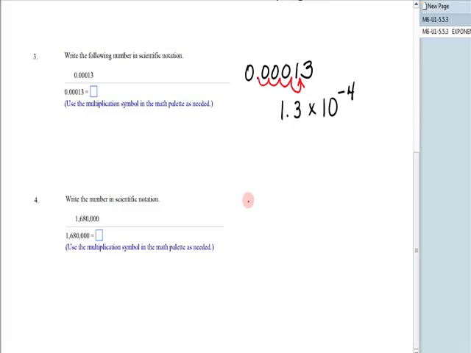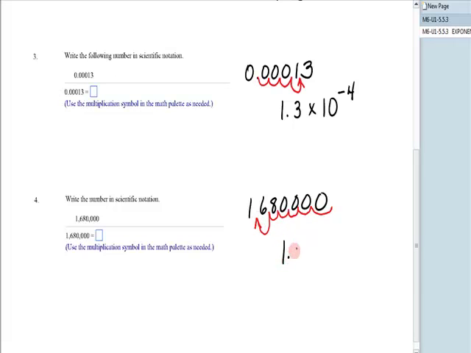The last one, I have 1,680,000. I'm not putting the commas because they'll get a little confused with other things. In order to put this in scientific notation, I have to have the decimal land here, and it will start here. I will have to move it 1, 2, 3, 4, 5, 6 places.